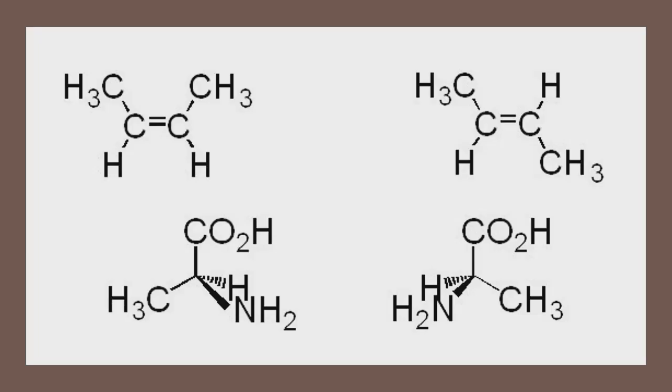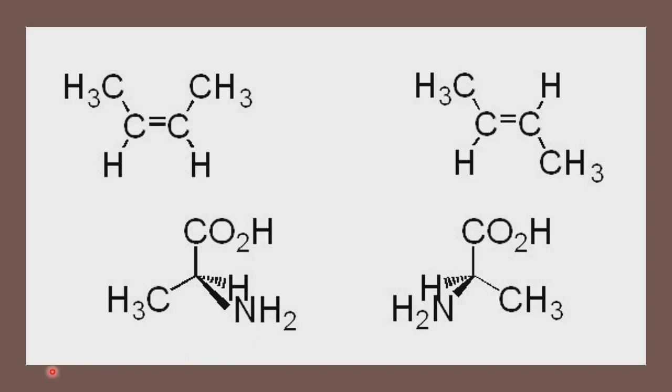Now here are some examples of stereoisomerism. You see that, like the structural isomers, they have the same molecular formula and the same connectivity. For example, this one has CH3, and that one also has CH3 attached here, and the other CH3 is also attached here.